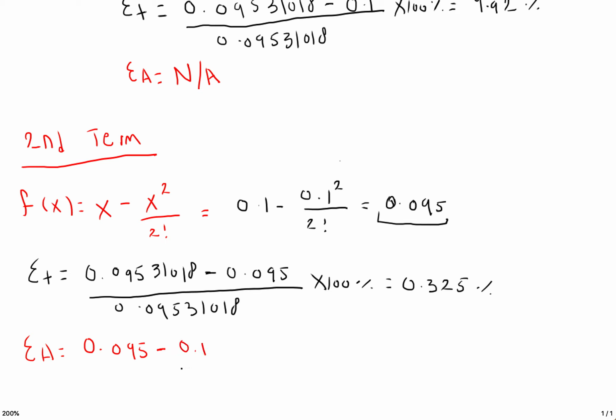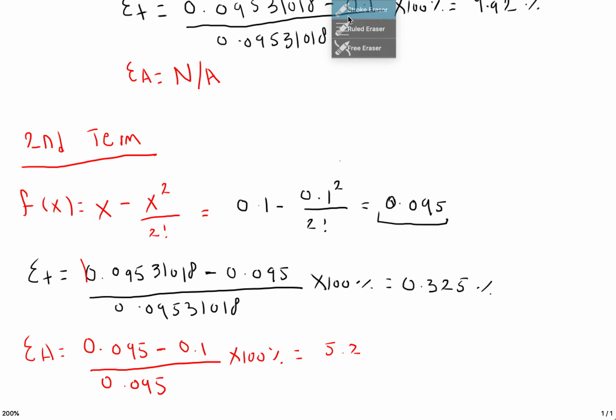So you would do 0.1, and then divide this by the term you're on, 0.095, multiply it by 100% to showcase the percentage. And if you do that, you're going to get 5.2.